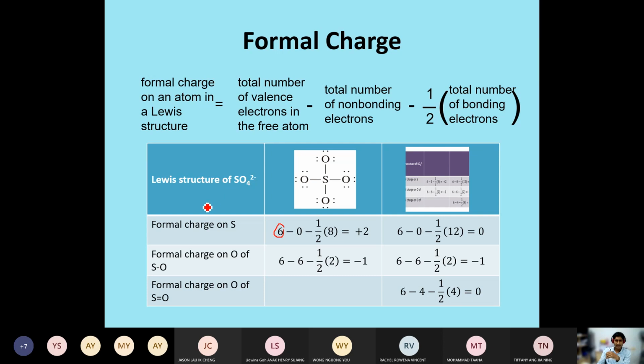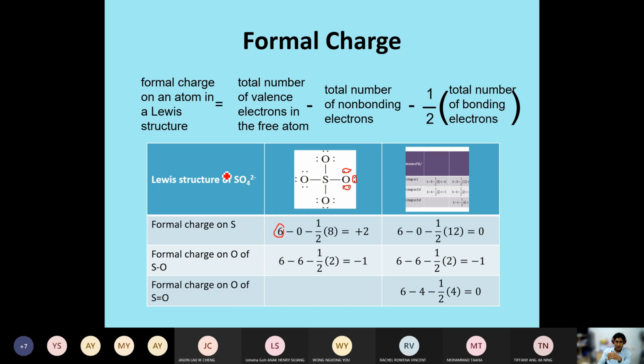And now there is no non-bonding electron, all electrons on sulfur have been used up. On oxygen there are non-bonding electrons, here is one unpaired electron, another unpaired electron, one pair of electrons.